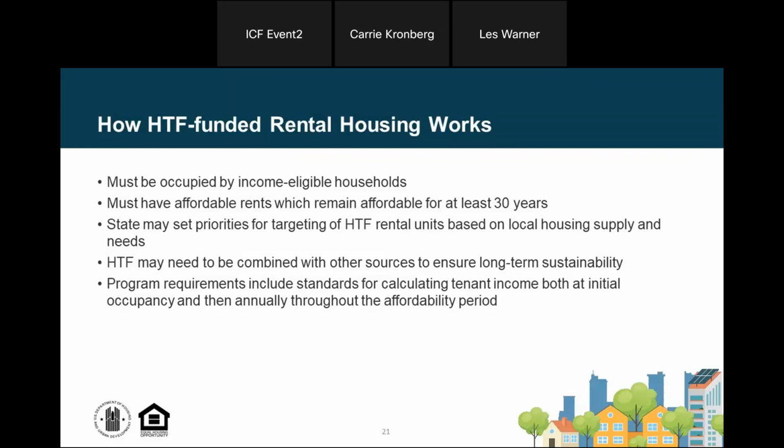Owners are also required to market those Housing Trust Fund units following that grantee's affirmative marketing plan. That plan's going to have some written policies and procedures on tenant selection policies and how they're going to market the availability of those Housing Trust Fund funded units.